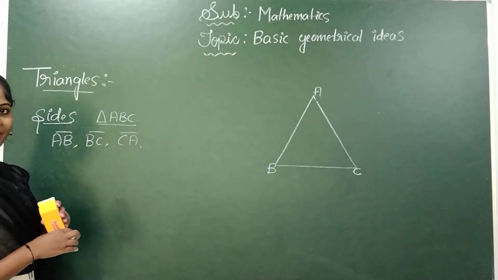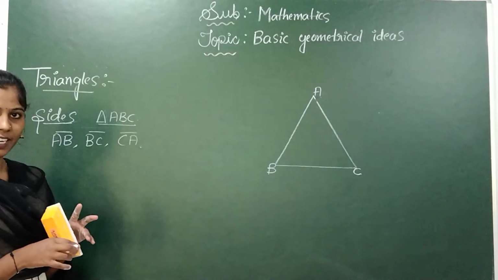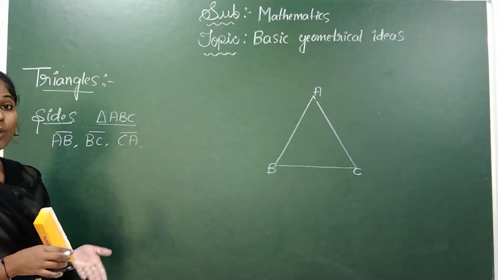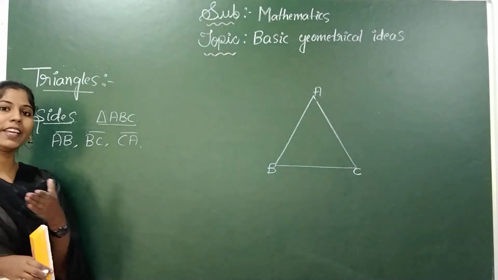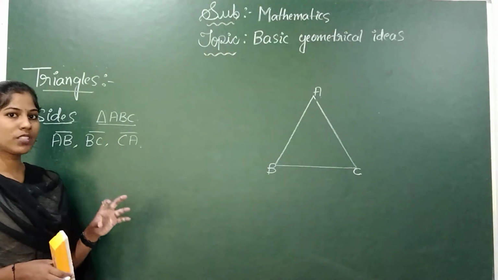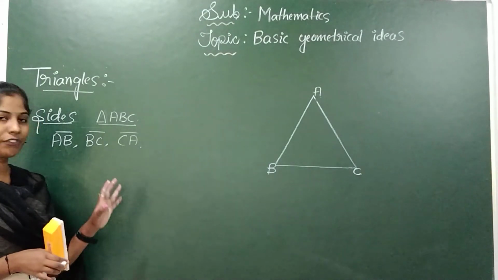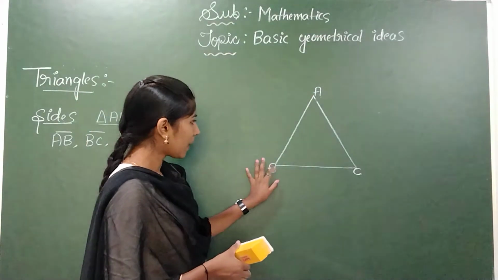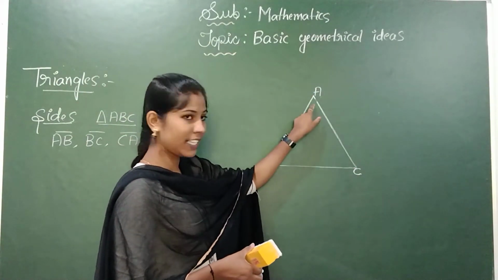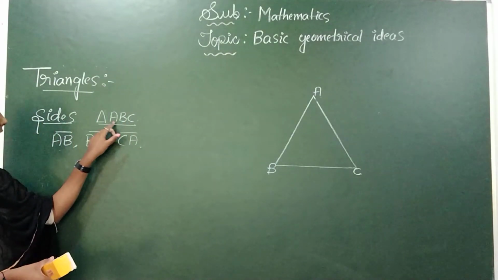So these are all called the sides of the triangle. The sides of the triangle are made by line segments. The line segments that form a triangle are called the sides of the triangle. So it is formed by the line segments AB, BC and CA. These 3 are called the sides of the triangle ABC.